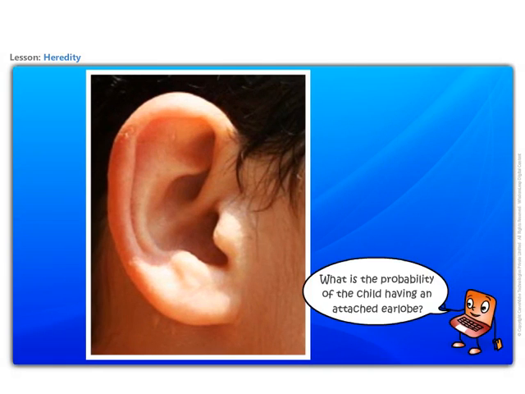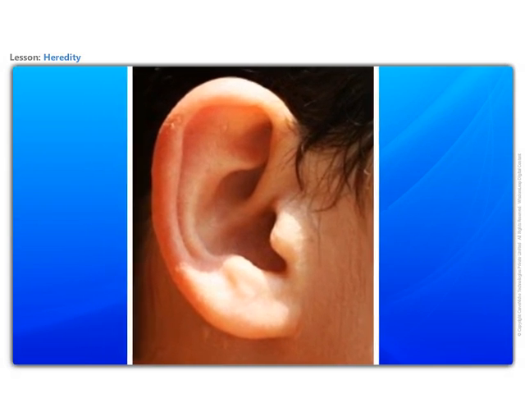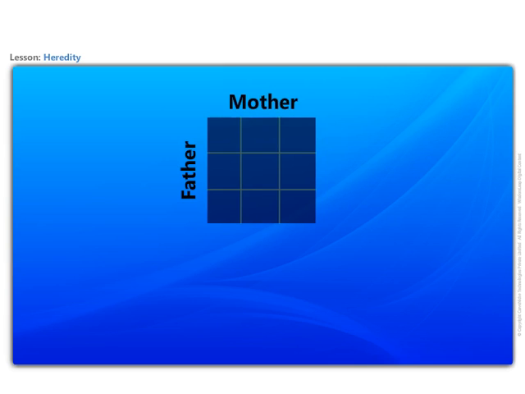What is the probability of the child having an attached earlobe? There is a simple method to find this. This table shows that the mother will produce eggs with either a dominant capital E allele in them or a recessive small e allele inside. The father will produce sperm that are also either capital E or small e.